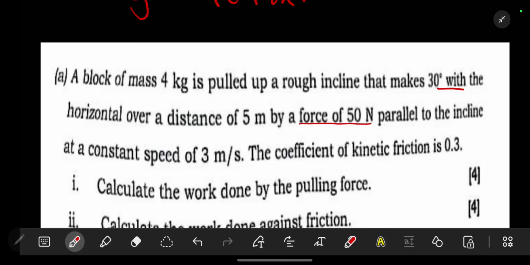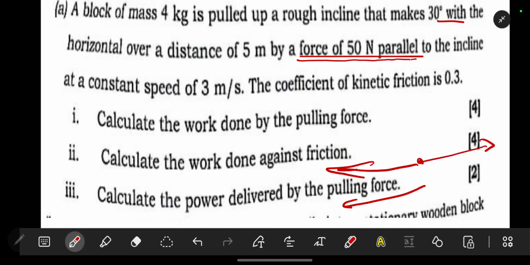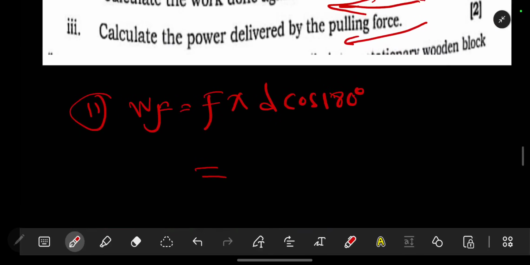If the pulling force is parallel to the incline, it means the frictional force has to be anti-parallel, just pointing the opposite way. It is anti-parallel to the 50 newton force, on the same line but in different directions. So that means this will be 180 degrees.